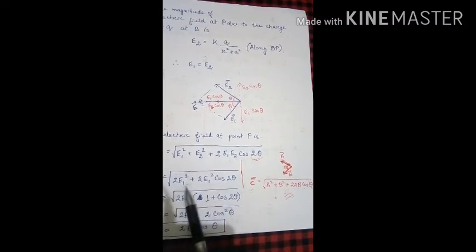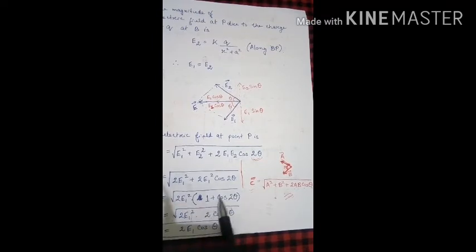Here there is a term 2 E1 square, and here also there is a term twice E1 square, which is common to both the terms. So we can take it out and write it outside the bracket. The square root will be there, and inside the square root we take 2 E1 square as common, and inside the bracket there will be 1 plus cos twice theta.